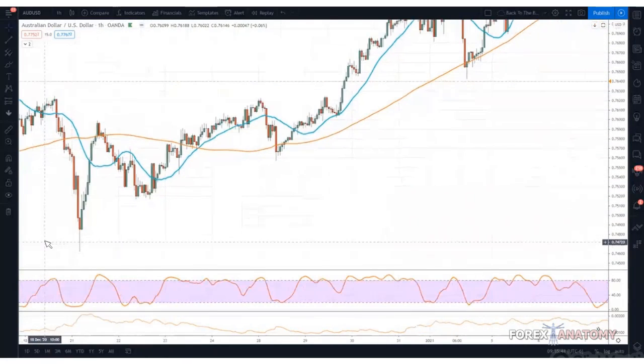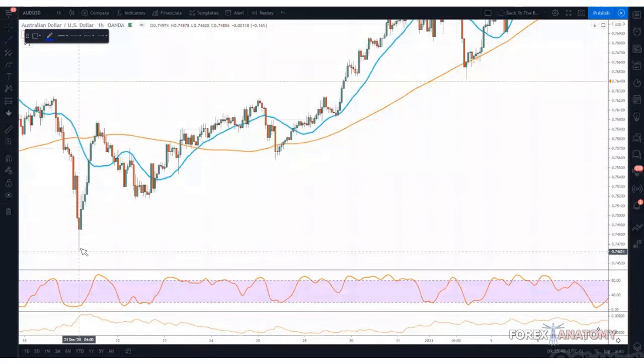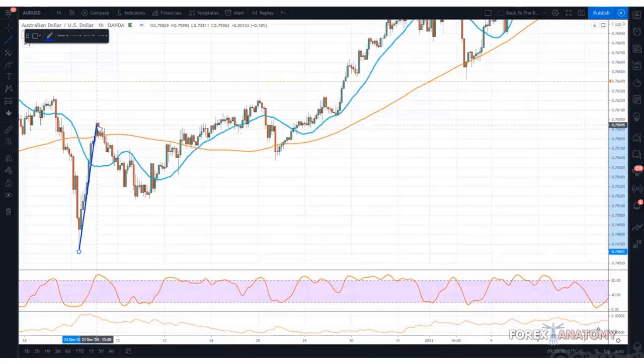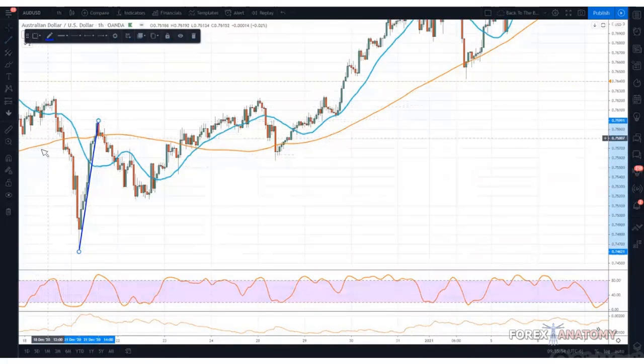Let's just start here at this low. Let's say that price moves up, and let's assume that we don't see anything right here. We're just starting things from this impulse, this starting point right here.